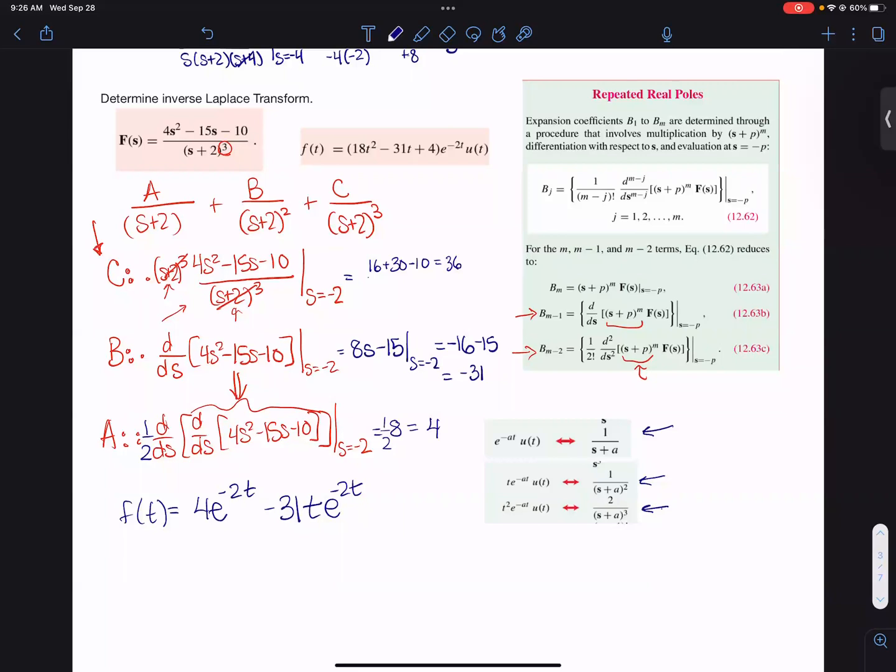Because of the 2 in the top, you have to divide it by 2. So that will be 18. t squared e to the minus 2t, and then all of that is multiplied by u(t). So the 18 comes from the 2 of this one, and so you have to take 36 divided by 2.